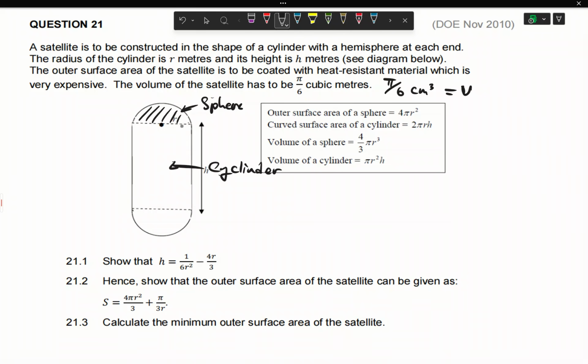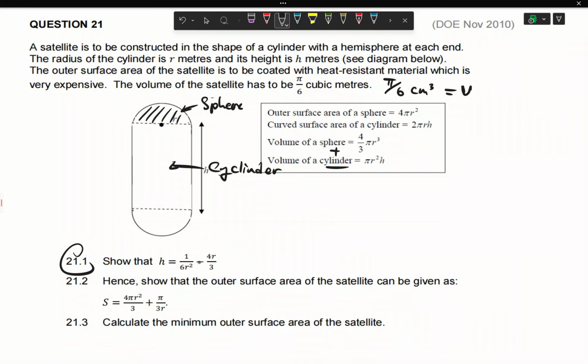What is the satellite? The satellite is the combination of your cylinder and the sphere there. The first question says that we have to show that the height is 1 all over 6 r squared minus 4 r all over 3 there.